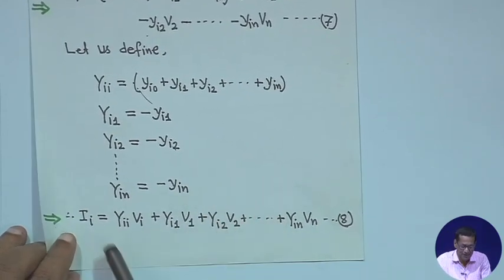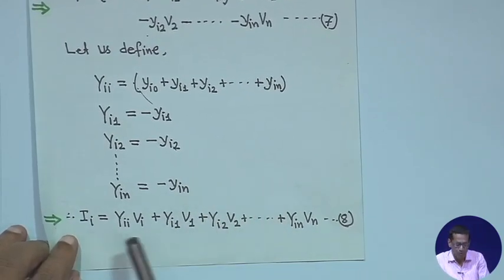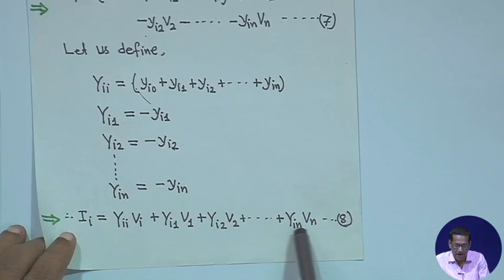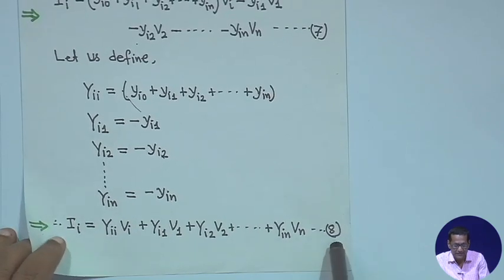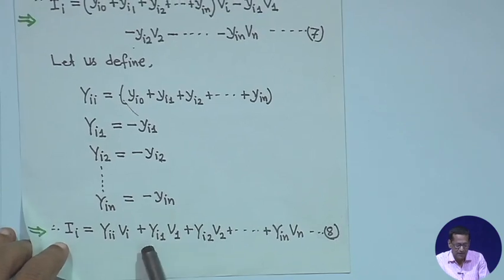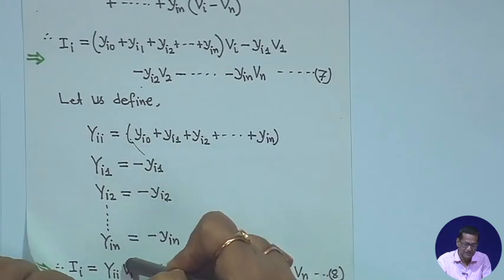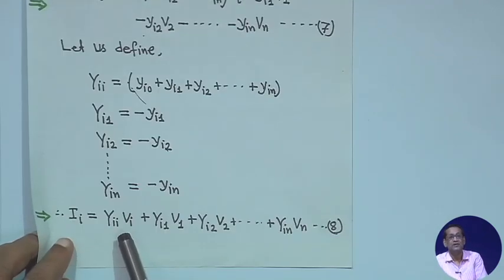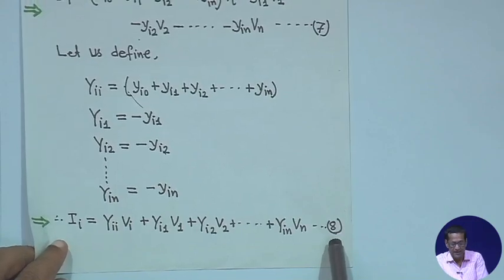After that you can write I_i is equal to Y_ii V_i plus Y_i1 V_1 plus Y_i2 V_2 plus up to Y_in V_n. This is equation 8. That means we are writing this equation in terms of capital Y and V, right.